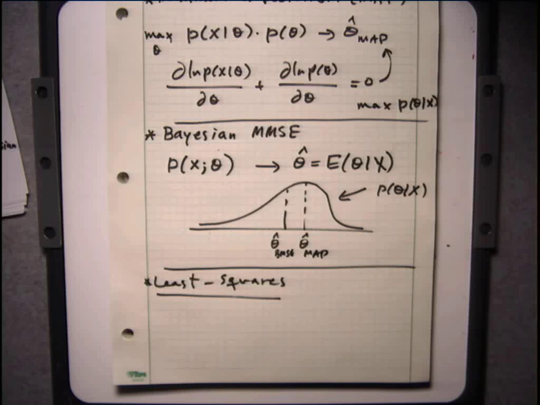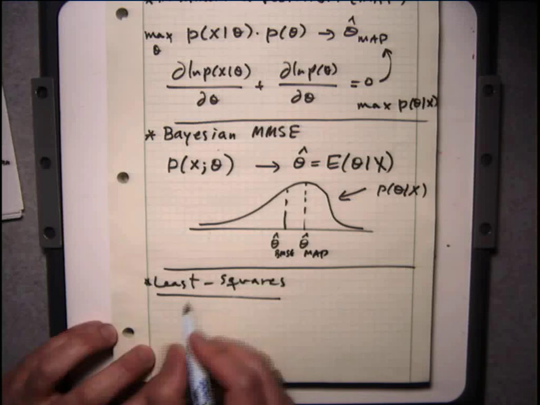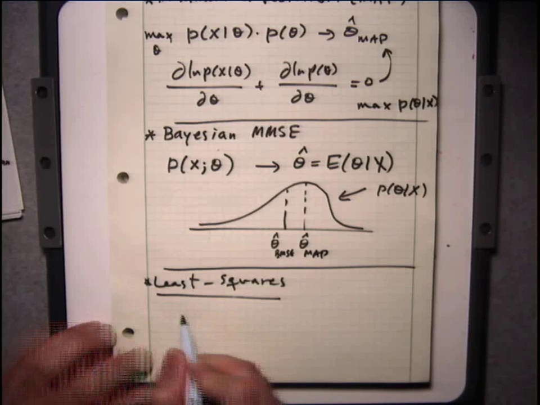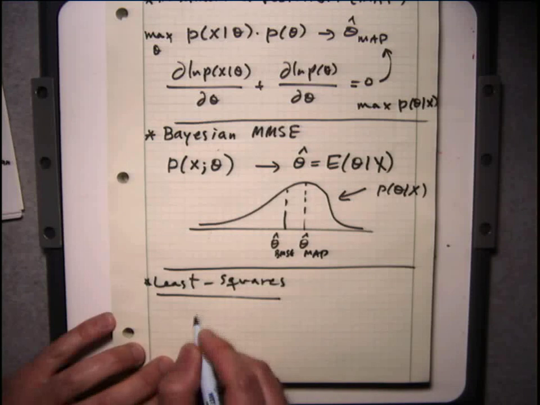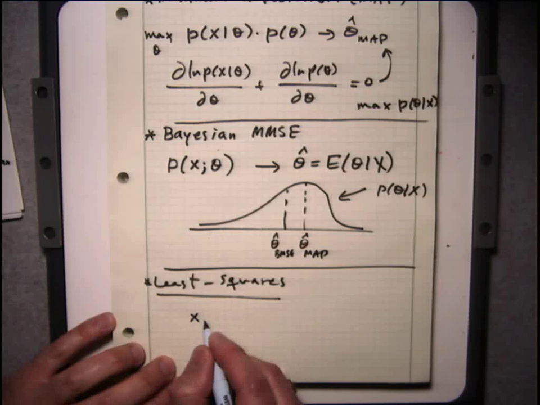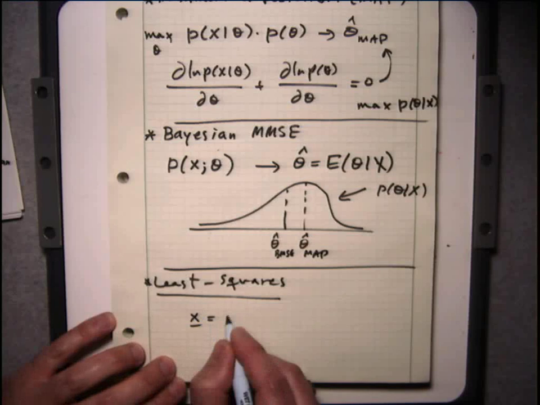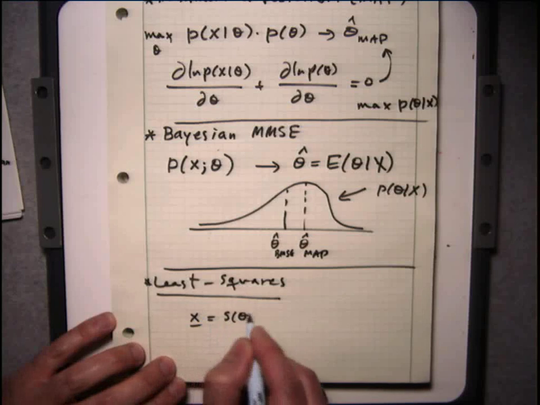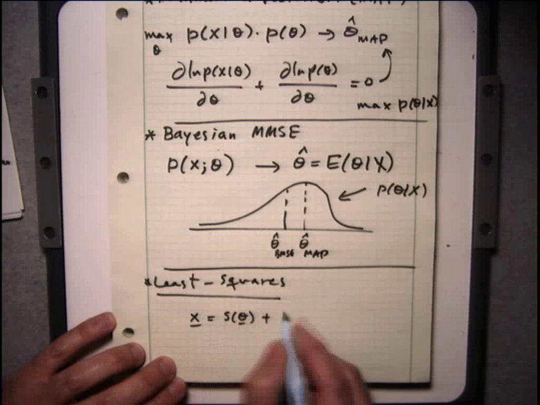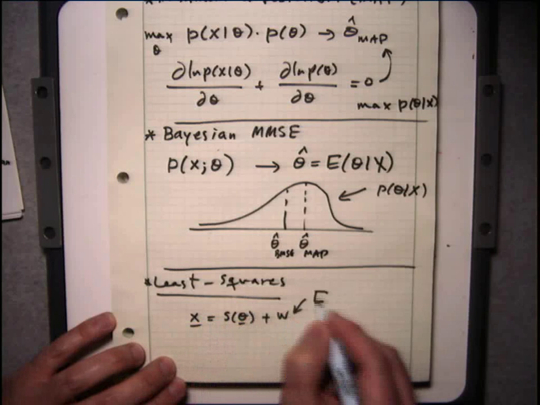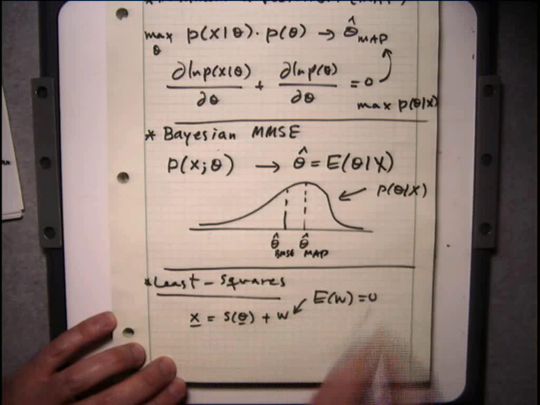Okay, so all the data depend on the parameter in a very specific way. And then you use that knowledge to compute an estimate of the following sort. So let's say x is equal to s of theta plus noise. And if you assume that this noise is zero mean.